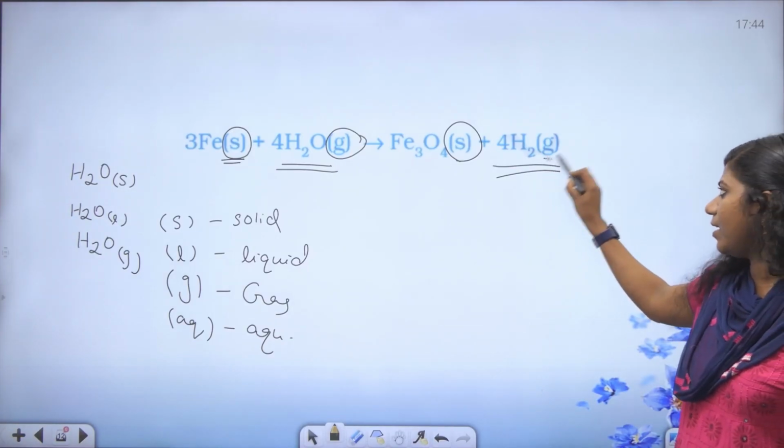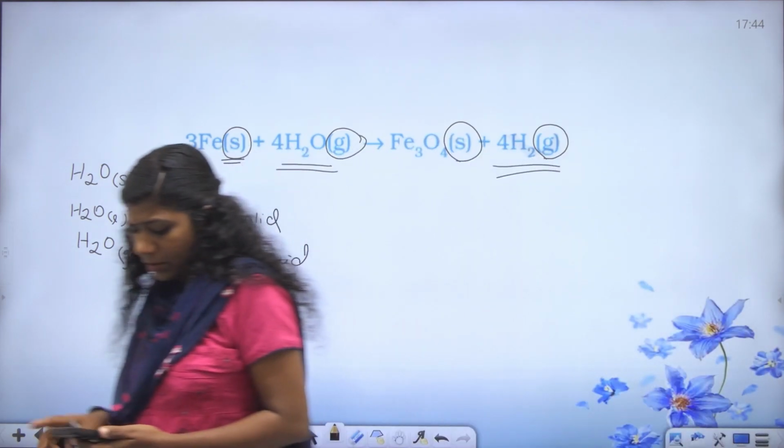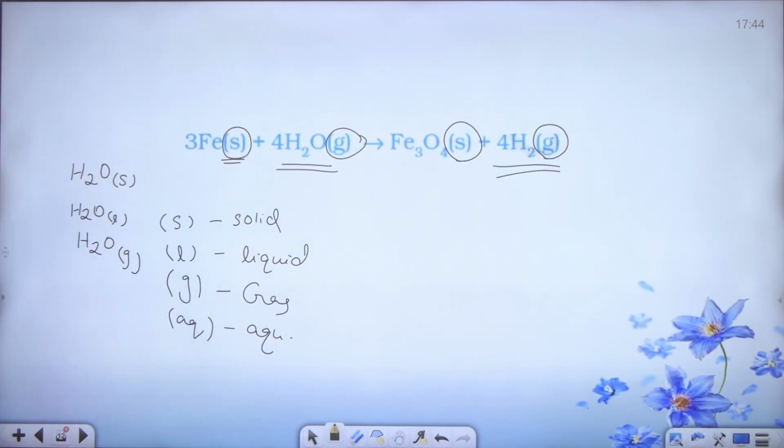Hydrogen is a gas, G. Okay. The physical state of iron is solid. Physical state of water is gas. Physical state of Fe3O4 is solid. And physical state of hydrogen is gas. Okay. Is it clear?